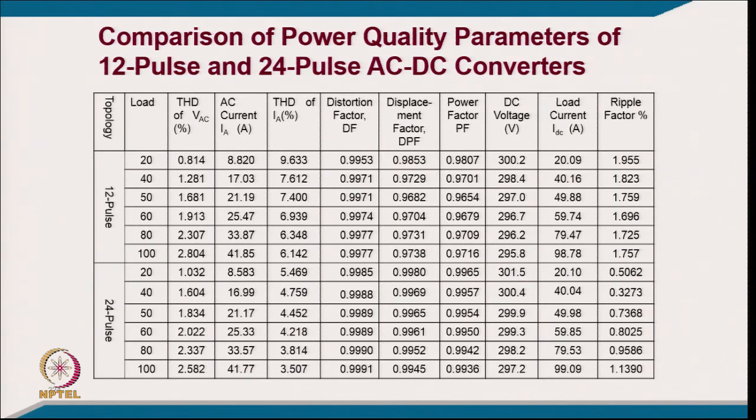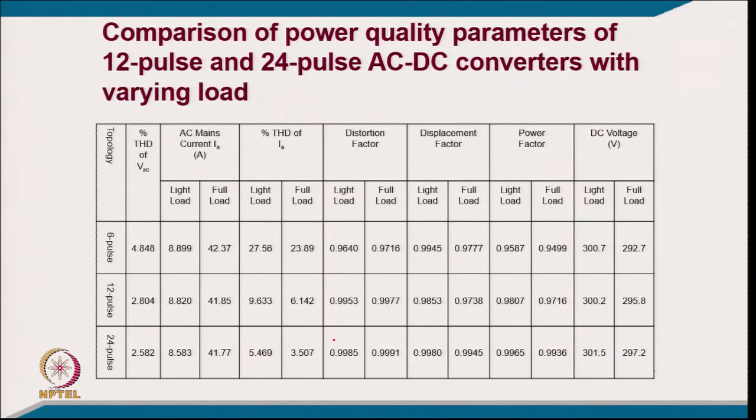And this is typically for 12 pulse how the THD changes with the load from 9.6% to 5.4%, and for 24 pulse virtually from 5.46% to 3.5%. And then typically 12 and 24, if you compare all three for full load, the THD reduces from 12% to 6.1%, and then further reduces to typically the order of 3.5%.